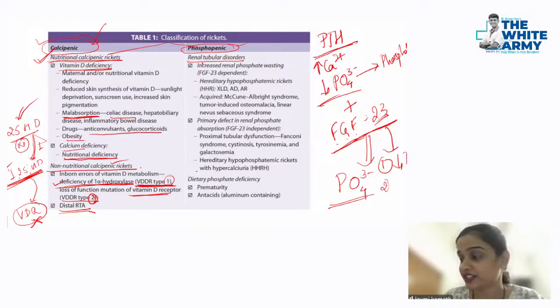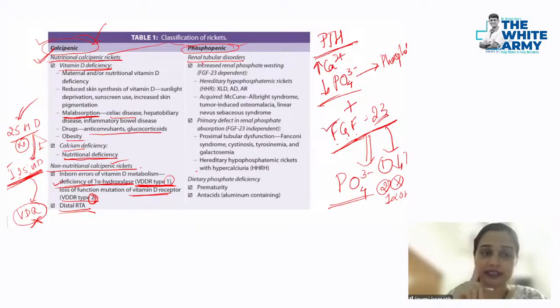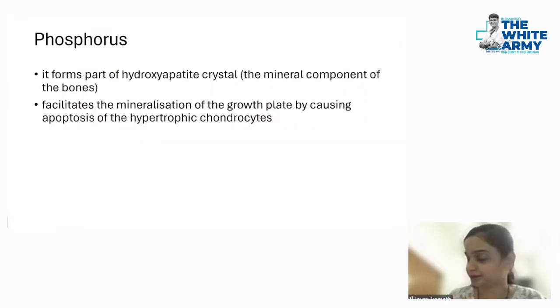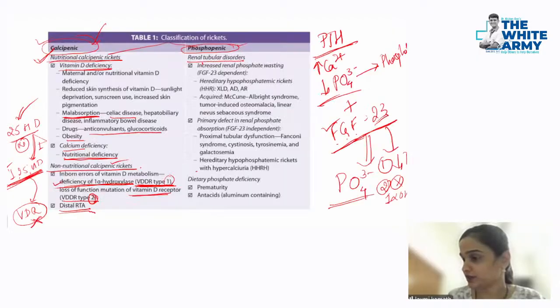The second is it inhibits 1-alpha hydroxylase. So you remember one thing, FGF23 will suppress the active form of vitamin D formation, and causes increased phosphorus excretion in the urine.